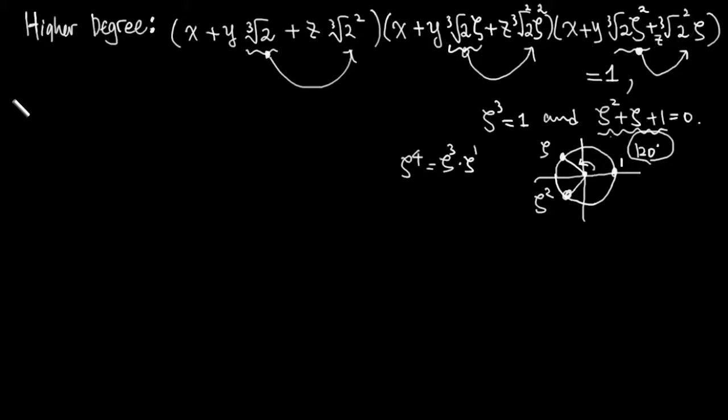If you multiply all that out, that's going to be a lot of multiplication, and we use this property: whenever you see zeta to the third, or zeta squared, you can reduce it to something simpler, and whenever you see the third root of 2 cubed, you can replace it with 2. But it turns out if you multiply this symmetric shape, they all disappear, and it becomes a lot simpler equation.